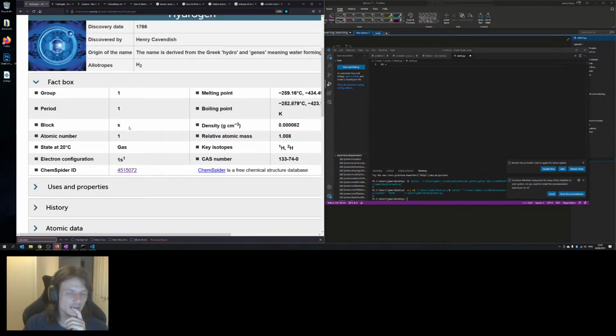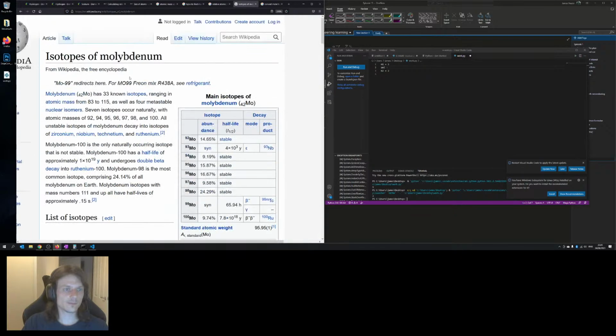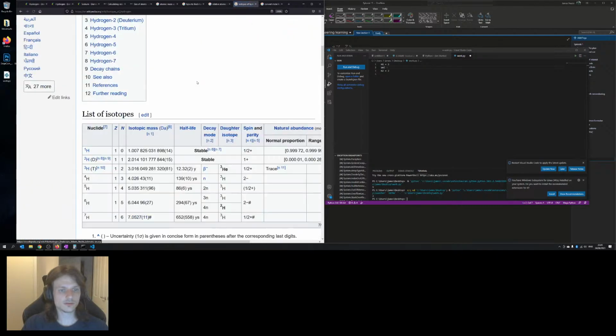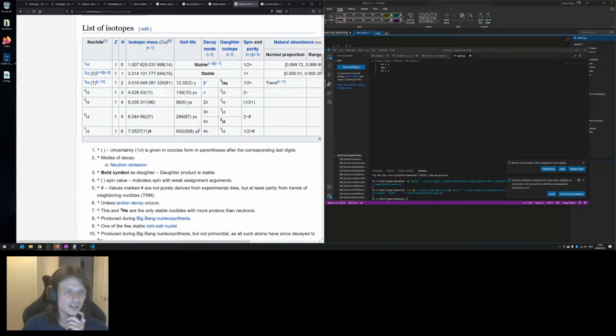Sounds good. Awesome. Okay, well, that helps. So we'll do mass 1 is 1 and mass 2 equals 2. And then we've got abundance M1 equals what? Isotopes of hydrogen. How many? 2. All right, this is good.